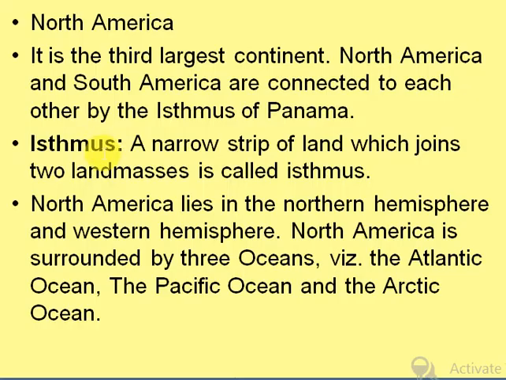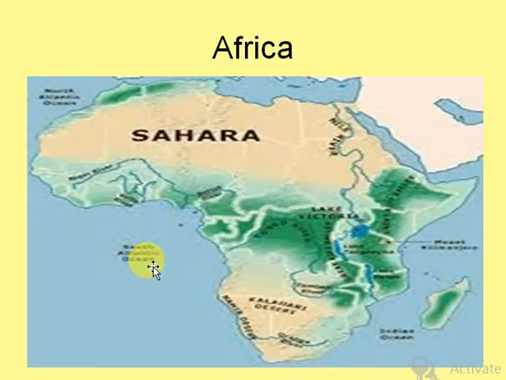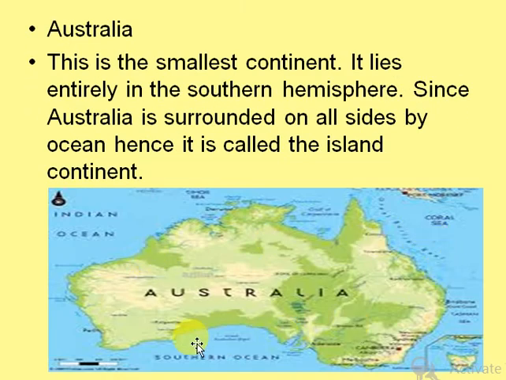So if you have a look at this map, Australia lies entirely in the southern hemisphere, and it is surrounded on all sides by oceans and seas.